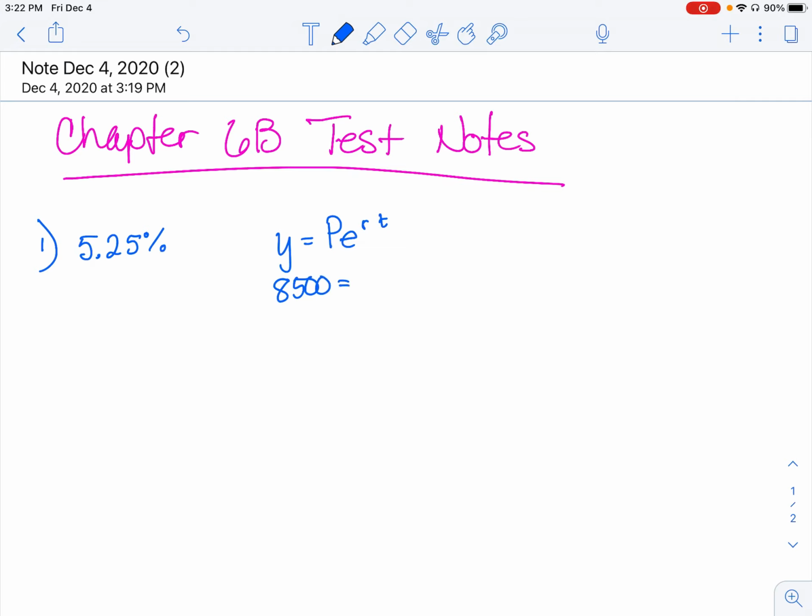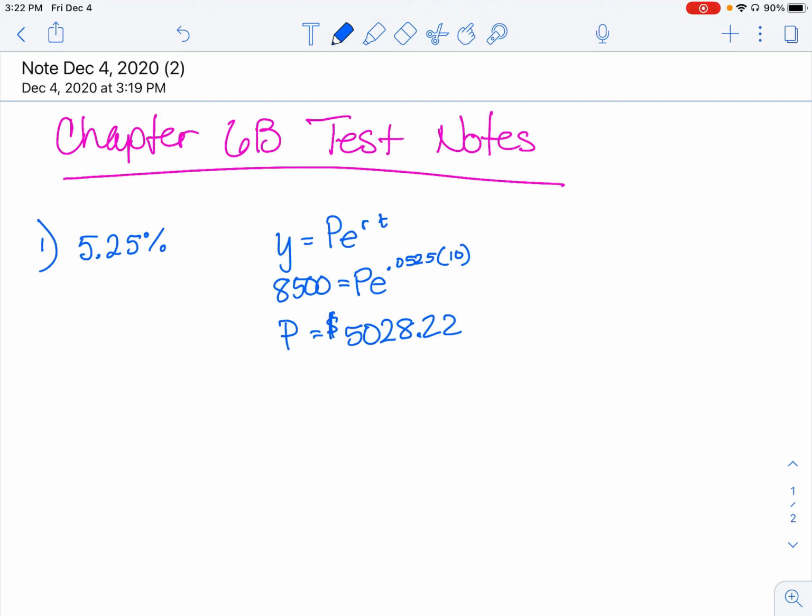We're trying to figure out what the initial investment was: e to the 0.0525 times the 10 years, and you end up solving for P, and P ends up being 5,028.22. When we're rounding with money for BC Calc, I know we do 3 decimal places, but if you're talking about money, let's just go to 2, because the thousandths place really doesn't make any sense.